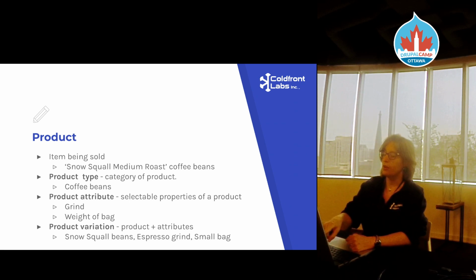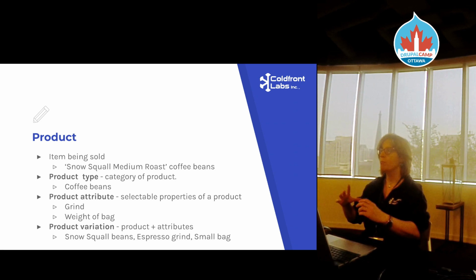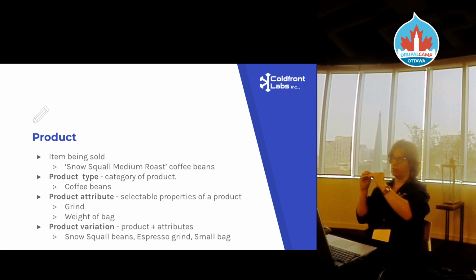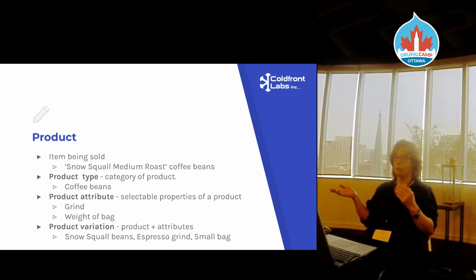And finally, there's the idea of the product variation. And the product variation is the combination of that product, like snow squall beans, and the attributes that the customer selected. And those together make up the line item of the item that the customer is actually purchasing. And that line item has an associated SKU, an individual unique code to identify that particular product variation.